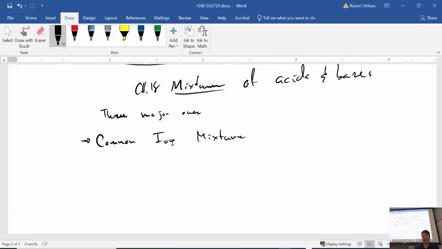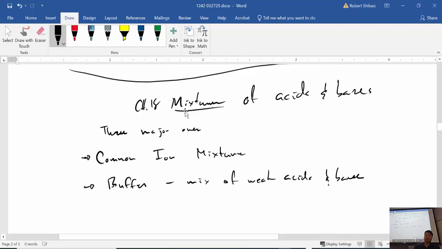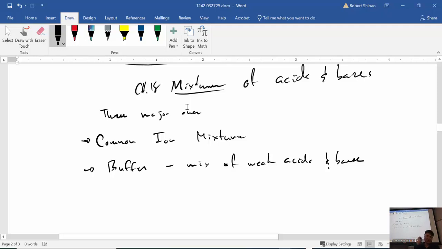We've already done sort of this already. The next one is a buffer mixture. But a buffer is a mix of weak acids and weak bases.